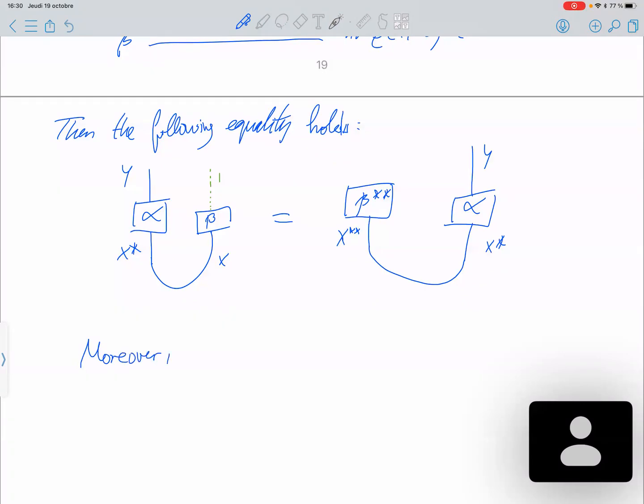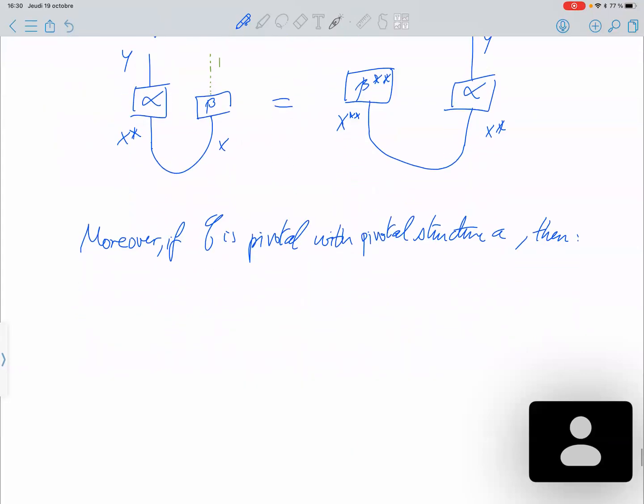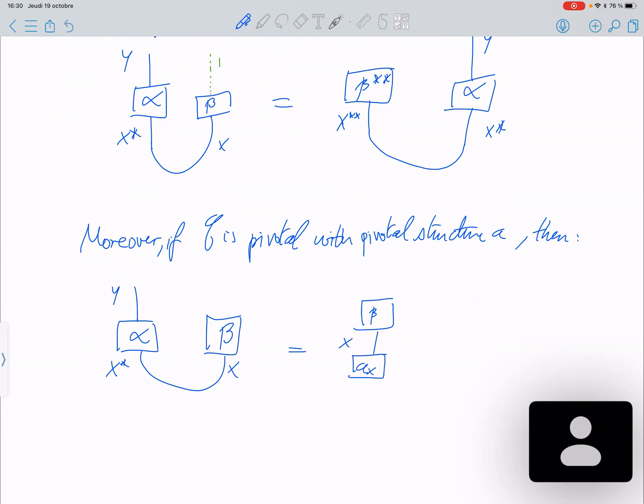Moreover, if C is pivotal with pivotal structure A, then you have the following: beta X star X Y. You can replace the beta double star by a beta and a pivotal structure A X, X double star alpha Y star.